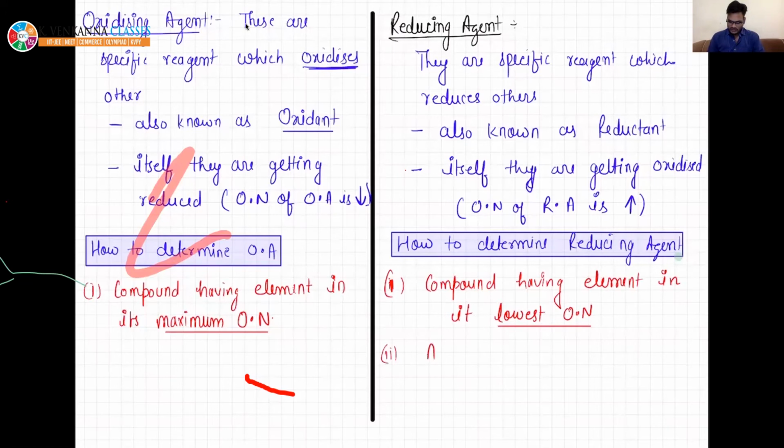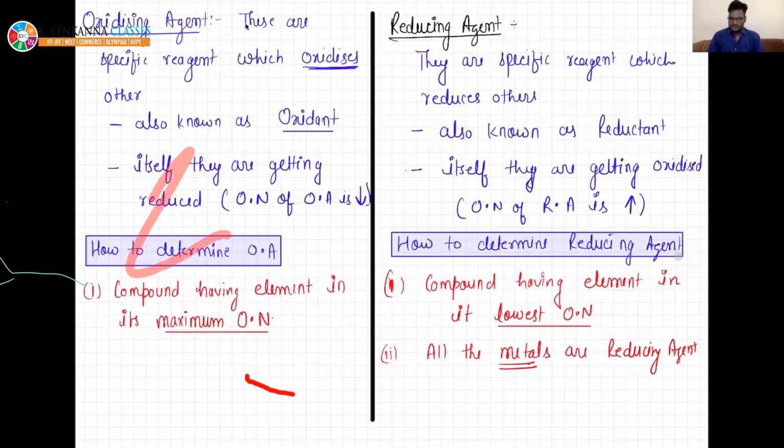Then second, all metals are reducing agents, because metals are electropositive and they try to lose electrons. If they are losing electrons, they provide electrons to someone else, so they are trying to reduce others.